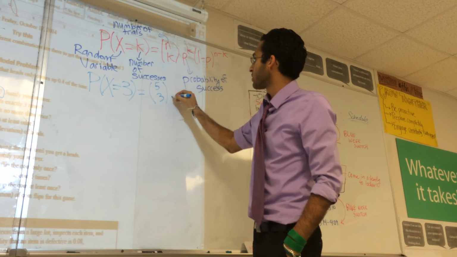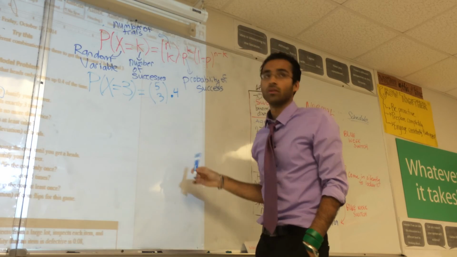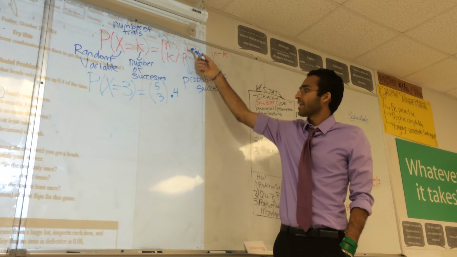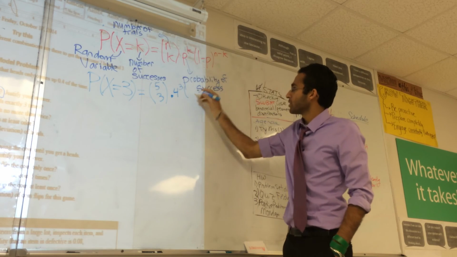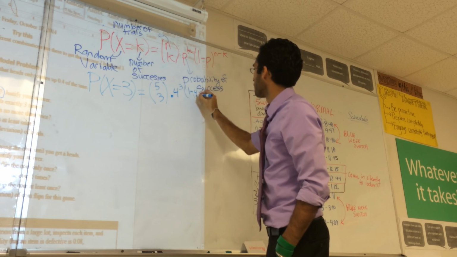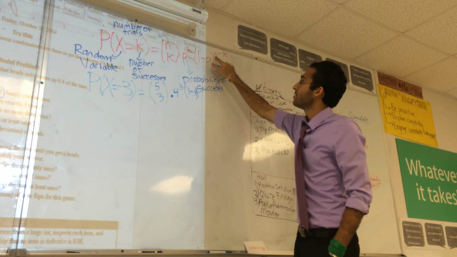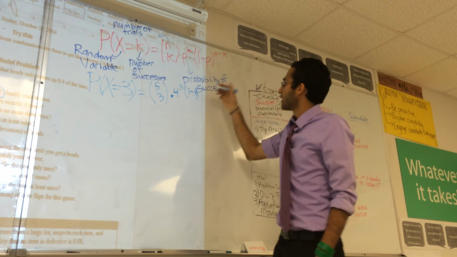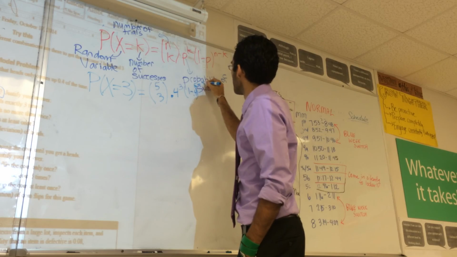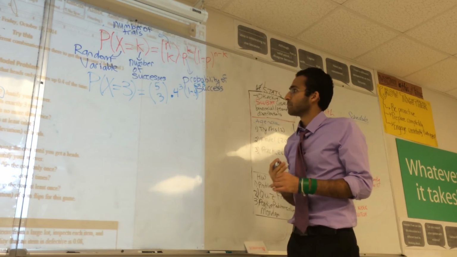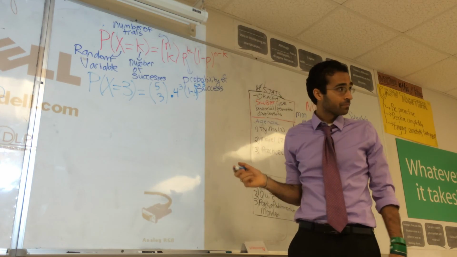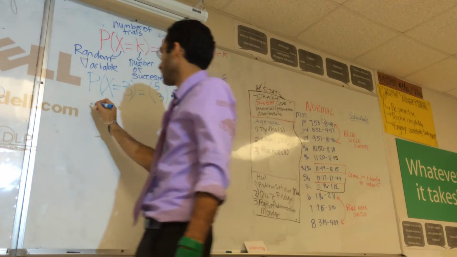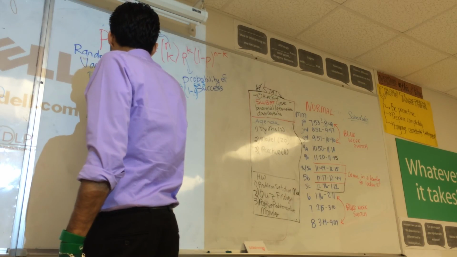The probability of success is 0.4. k, of course, is 3. And then 1 minus 0.4, 1 minus 0.4 raised to the n minus k, so to the 5 minus 3. So let's simplify a little bit. Probability x equals 3. I can't really do anything here yet.